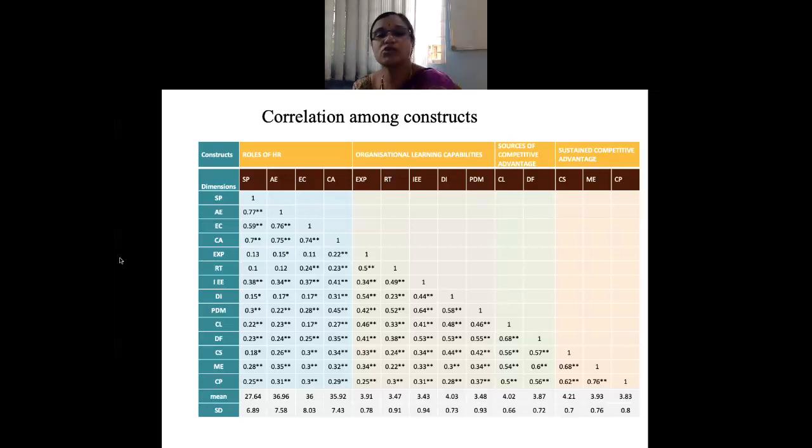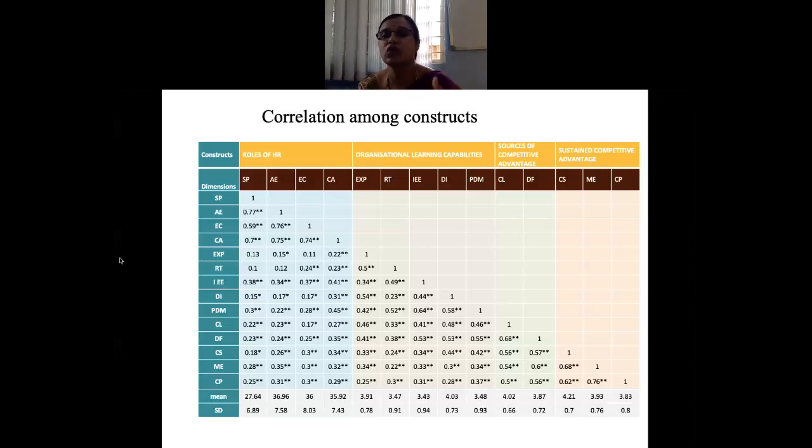So suppose I see that there is a 0.54 value there. So how do I interpret 0.54? Whether there is a very high correlation, or whether there's a medium correlation, or whether there's a very low correlation.